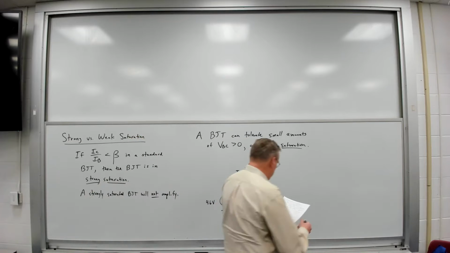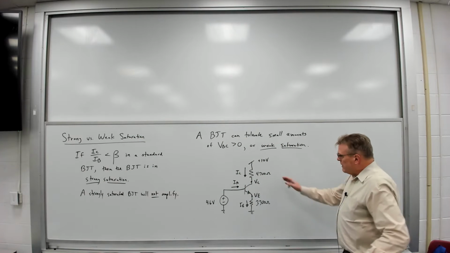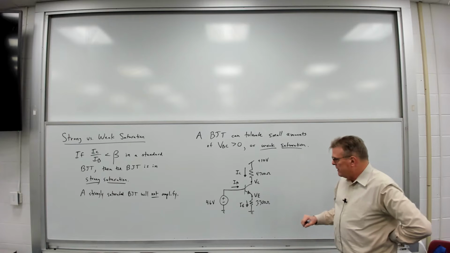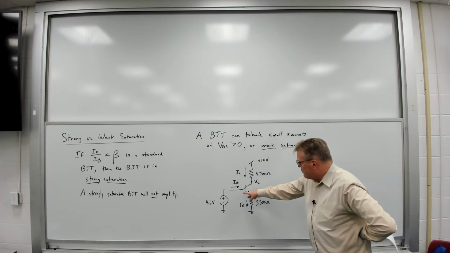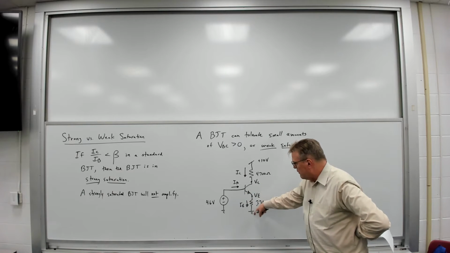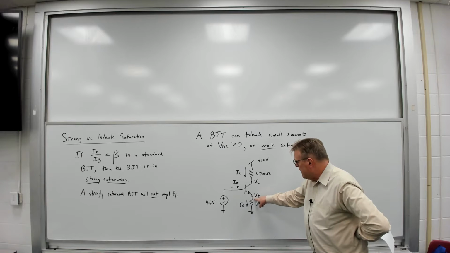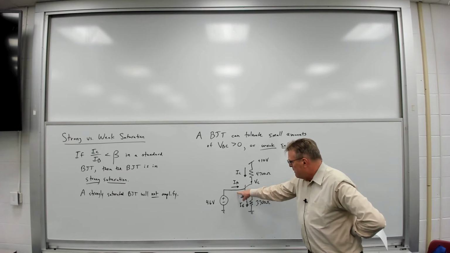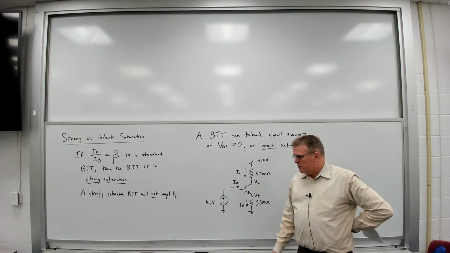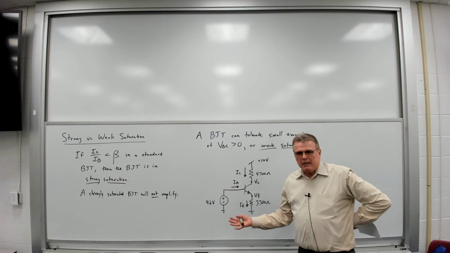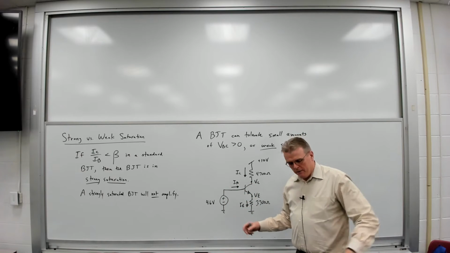If we look at this, we know the transistor has to be on, and the reason for that is if the transistor were off, there'd be no emitter current, and the voltage at the emitter would be equal to 0 volts. We'd have a forward biased base emitter junction of 4.6 volts. That doesn't make any sense. So the transistor must be on.